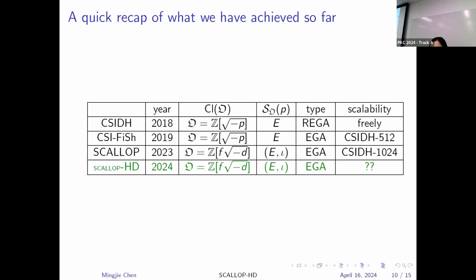Here, by using the CSIDH parameter to measure the scalability of SCALLOP, the underlying logic is that we are comparing the size of the class group they are using. Finally, as a little spoiler, SCALLOP-HD, which is a construction from our work, uses the same imaginary quadratic order and same set of elements. It's also an EGA. About its scalability, let's save it to the end.